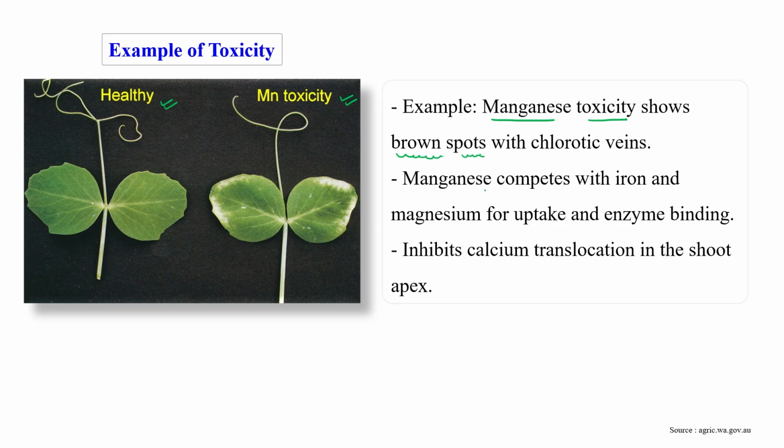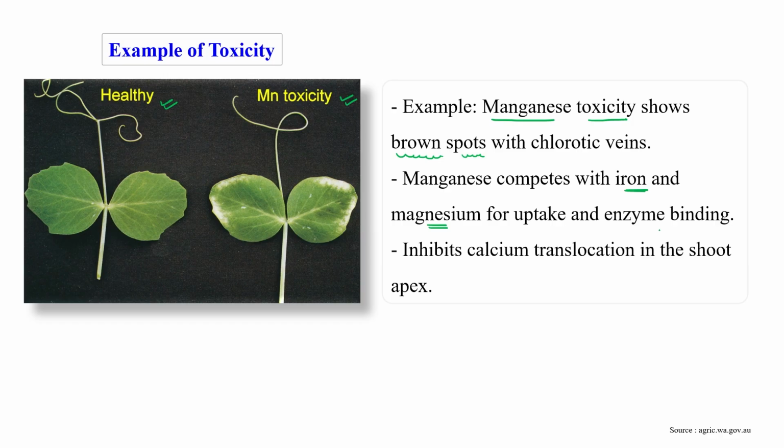Okay, why? Because if manganese is present in higher concentration in the soil, it competes with iron and also with magnesium for uptake and enzymatic binding. It wants to bind with the same enzymes which normally bind with magnesium and iron.